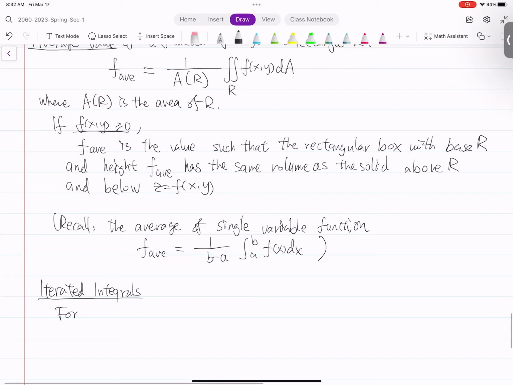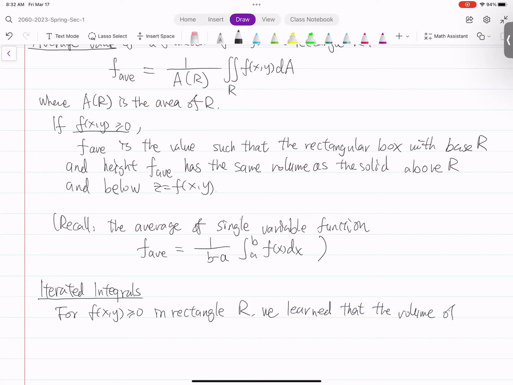So for f of x, y that's non-negative in rectangle R, we learned that the volume of the solid above R and below the surface is the double integral.